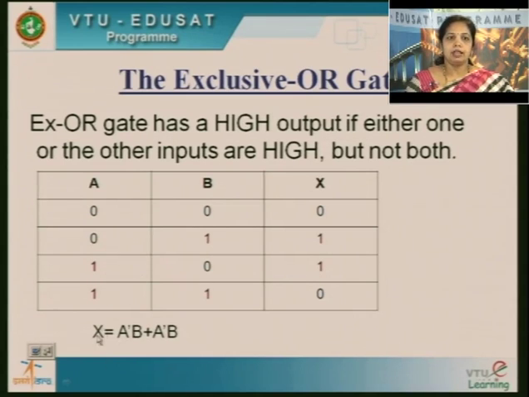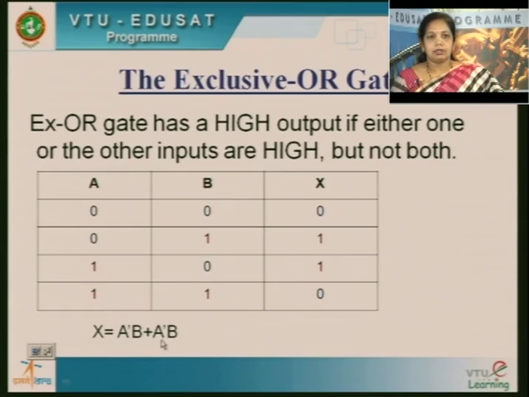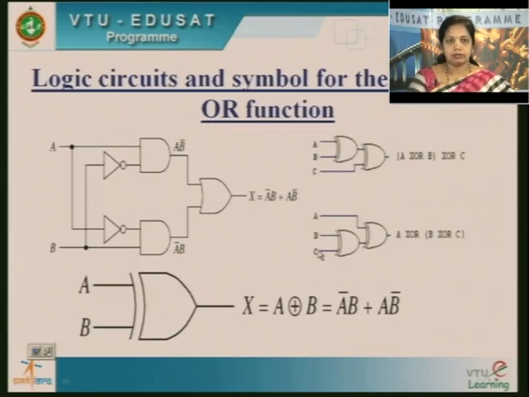So, the final expression for XOR gate is A complement B plus A B complement. So, we are going to generate the XOR operation.